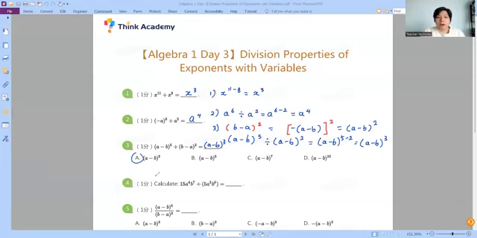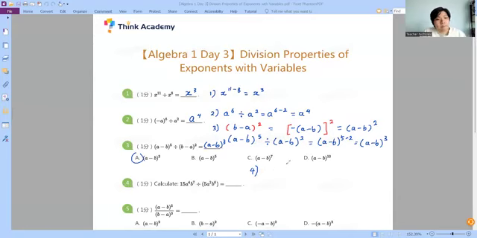All right, now I'd like to move on to question 4. Now for question 4, take a look. I have 15 a to the 4th power, b to the 7th power, divided by 5a squared, b to the 6th power.